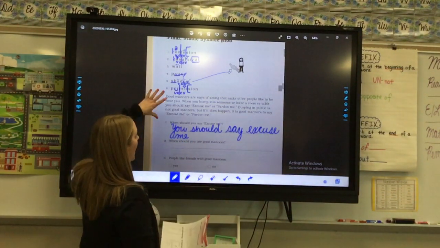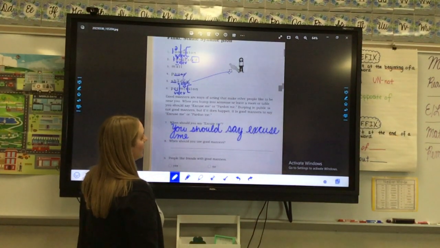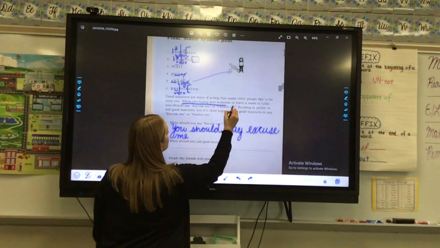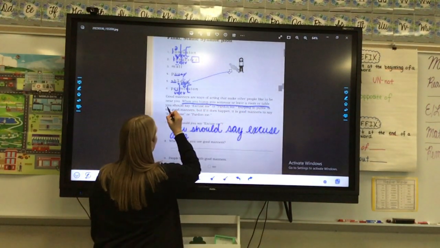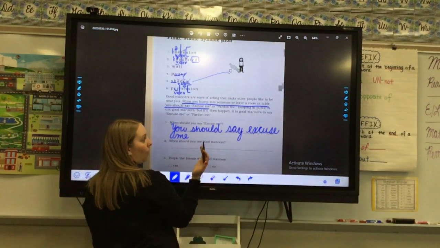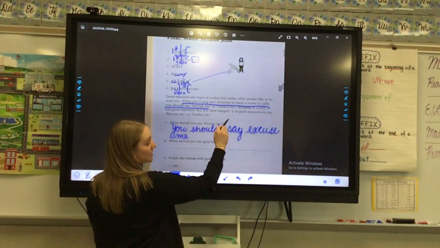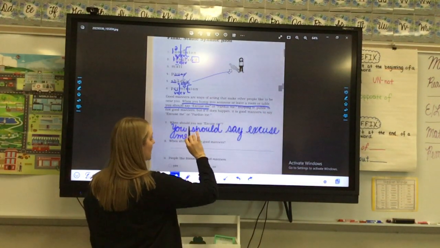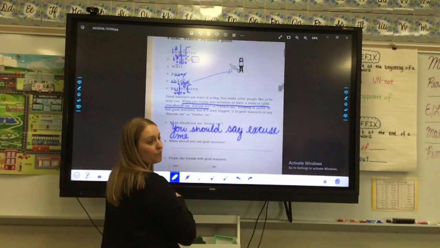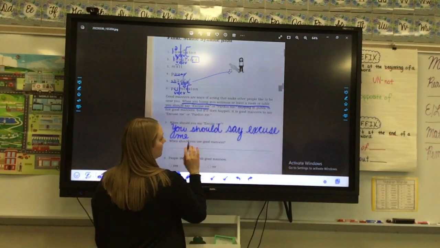Now I need to go back up to the passage. When should you say "excuse me"? When you bump into someone or leave a room or a table, you should say "excuse me." Okay? Or you could also underline burping in public is not good manners, but if it does happen, it is good manners to say "excuse me" or "pardon me." So you can choose either one of those. If you want to follow along with what I'm doing, I'm going to use the when you bump into someone.